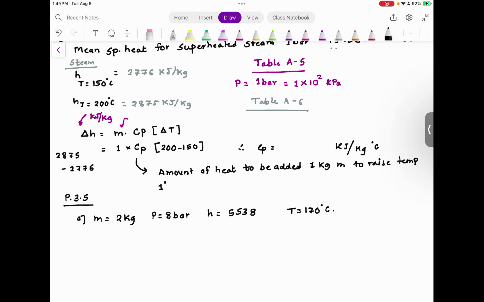So what we do is we go to the table and find the table corresponding to 8 bar. I don't have my steam table. So what is the temperature corresponding to pressure 8 bar?